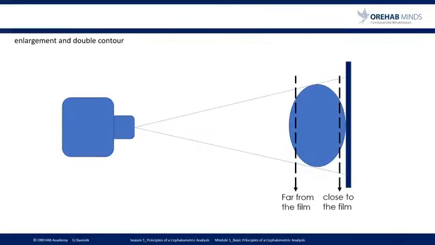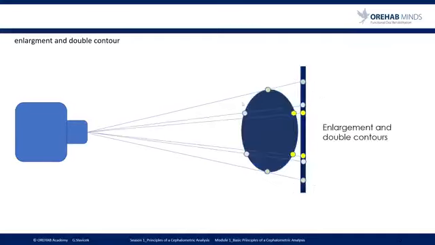Back to the principles: enlargement and double contour. This is what we have to consider. We are facing this because of this technique. We have a film, and parts of the skull are close and other parts are far from the film.